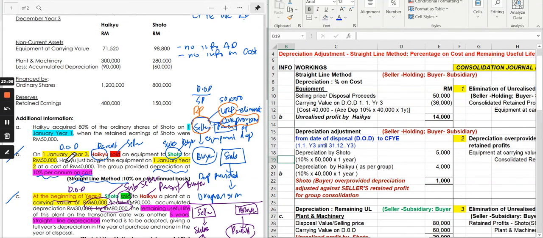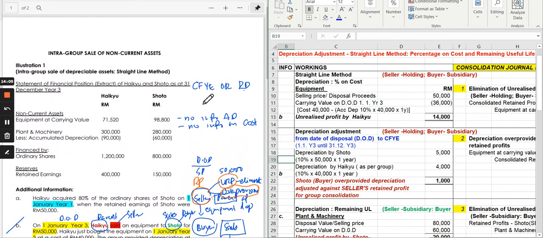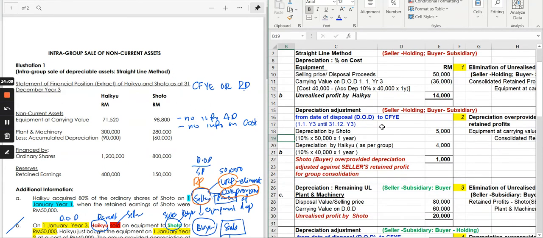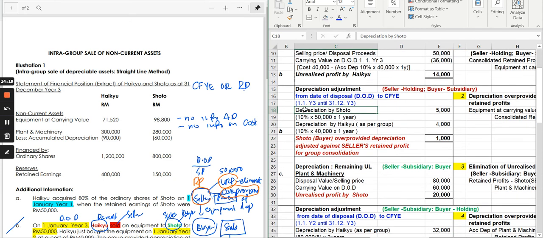As you can see here, it was disposed of on 1st of January year 3. So from 1st of January year 3 up till the current financial year end, 31st of December year 3, that was 2 years. So you need to adjust depreciation for 2 years, because for Shoto, the buyer, that is the subsidiary, they will be depreciating since the date of purchase, which is 1st of January year 3.